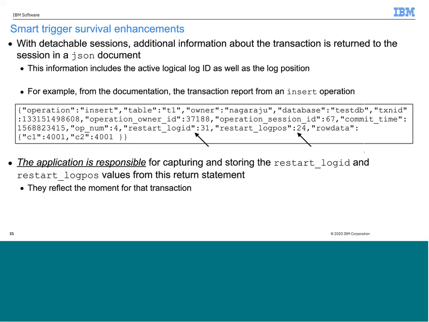So in this particular case, it was in log 31, position 24. As you do a commit for this, that, or the other thing, you can persist that information someplace just in case you want to replay. You can look at that log file and say, oh, okay, the last transaction that I successfully processed was here. Did any other events occur that I need to go recapture? And that's, like I said, up to you to do.